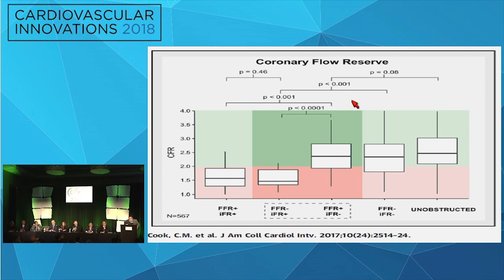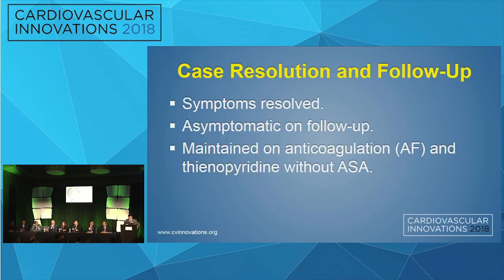When you look at patients that have non-obstructive coronary lesions or negative iFR, FFR, CFR, it's higher, and the discordant values, such as in our case, negative iFR with positive FFR, have a very similar pattern to those patients that have no significant disease, that are non-obstructed, whereas those that have significant lesions with significant FFR and iFR behave more like those when iFR is positive. So this data would have suggested that had we believed the iFR, we would have potentially not stented anything and done medical therapy, which is actually very thought-provoking.